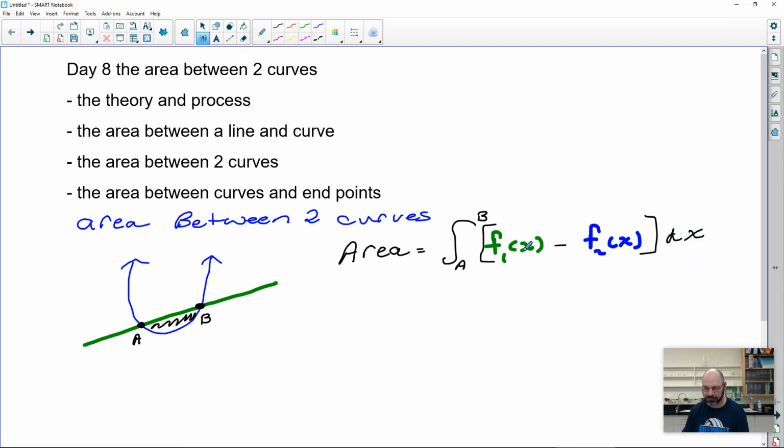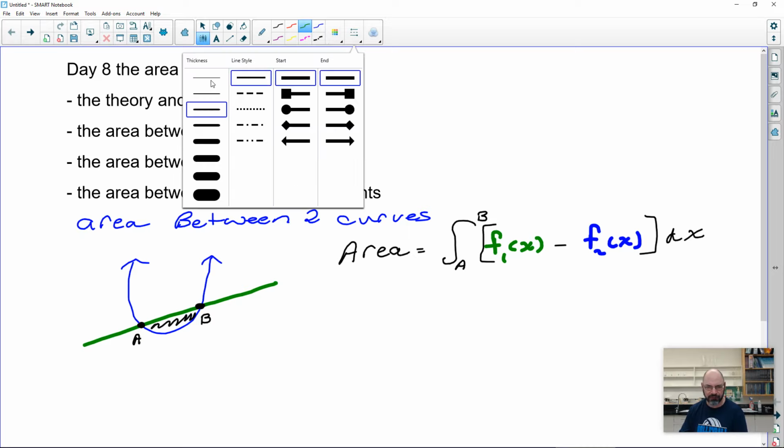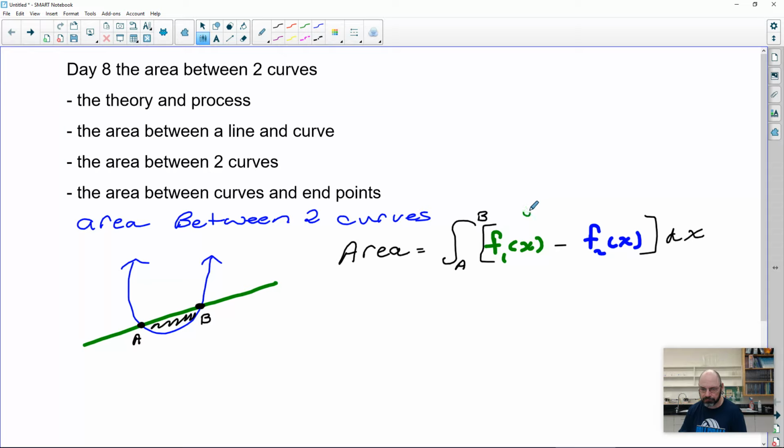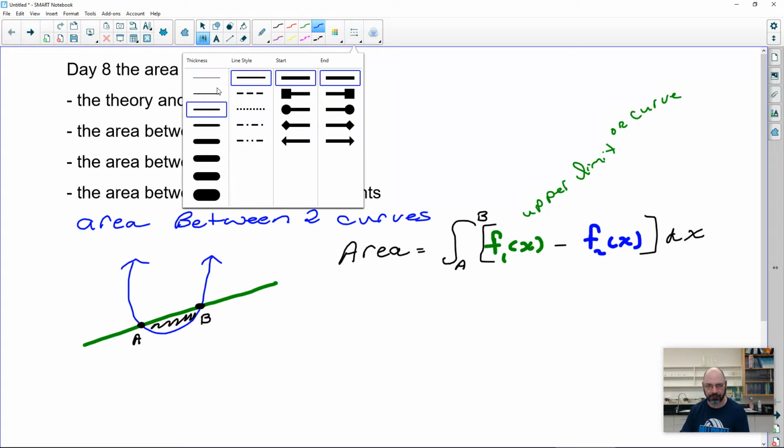So you would subtract those two functions, and then you would do the integral from the intersection point of B to A. The green one is called the upper limit, and that's basically the upper curve. And the blue one, of course, is then the lower curve or limit.